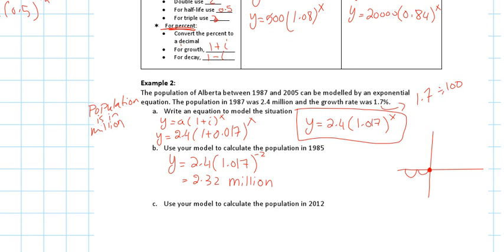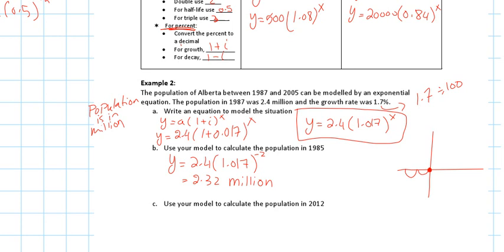I need you to get a calculator. Power, so 1.017 power 2 and negative, of course, equals, and then multiplied by, did you multiply by 2.4? Yeah, you already multiplied it. But I would get a power calculator, okay?